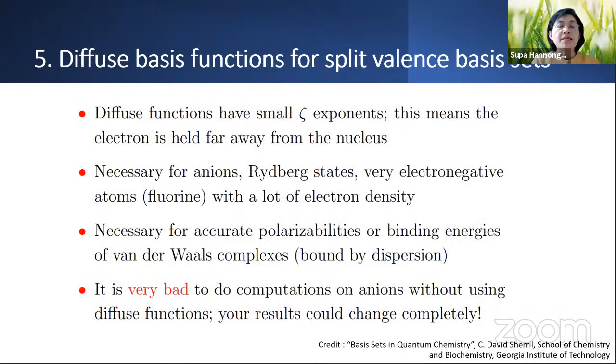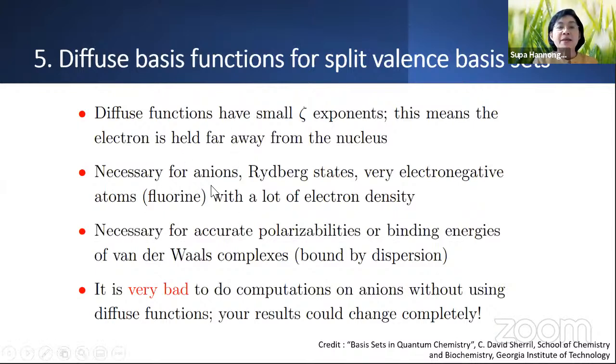For the physical meaning of the diffuse function, you can see that the zeta term is the exponent term. This means the electron is held far away from the nucleus if zeta is small. But if it is larger, that means it is close to the nucleus.